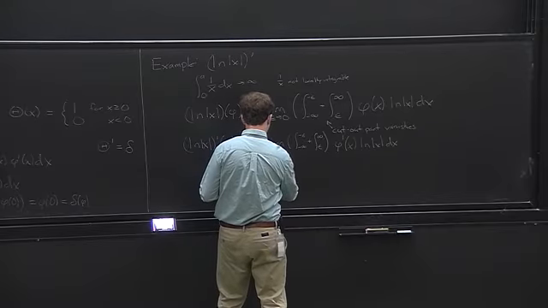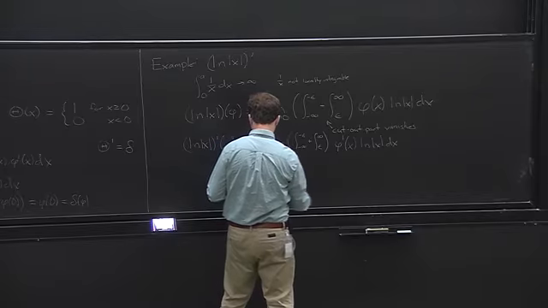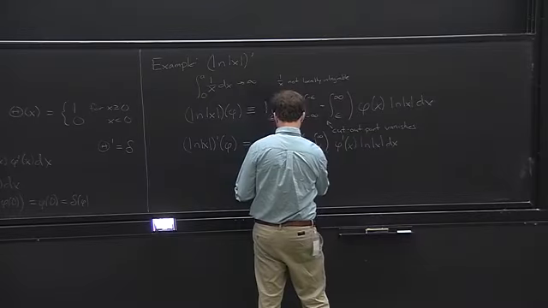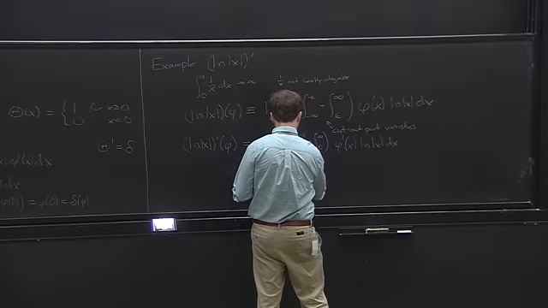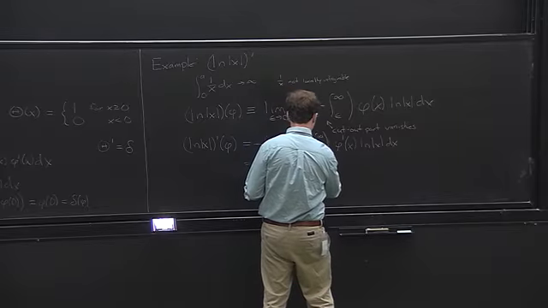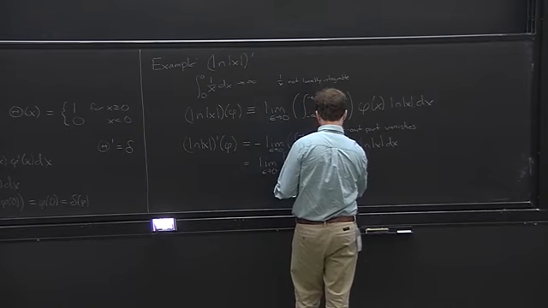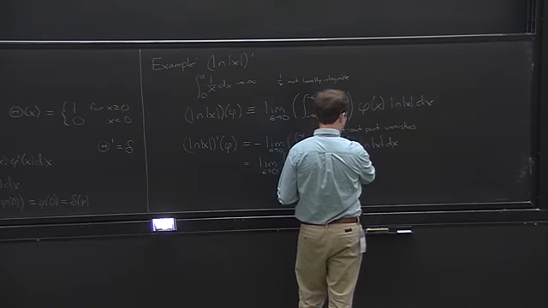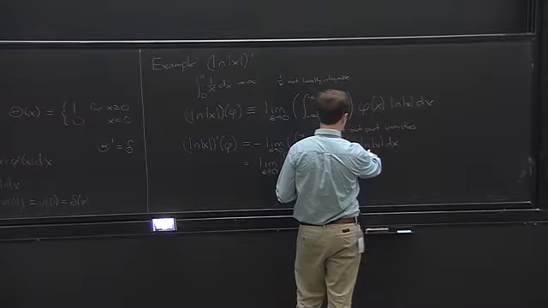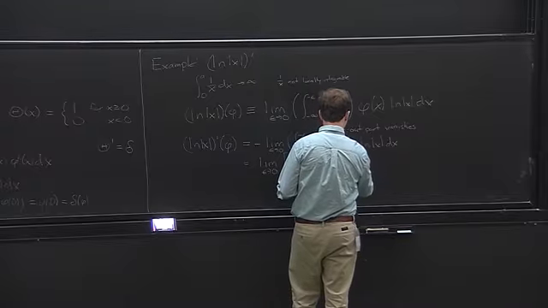is the limit as epsilon goes to 0. We get this integral, the small region still cut out. The derivative goes on to the natural log. We get a 1 over x.